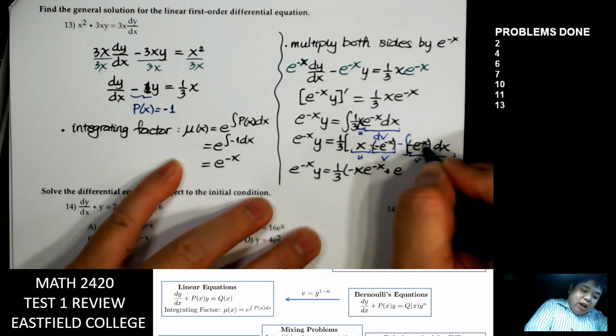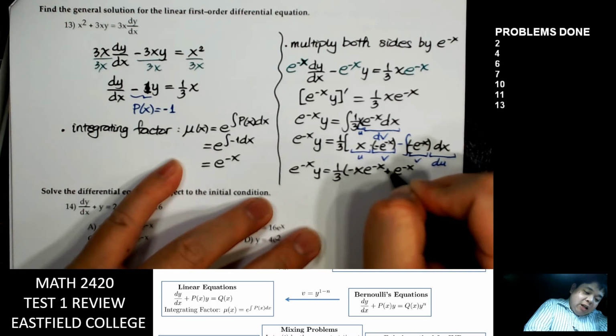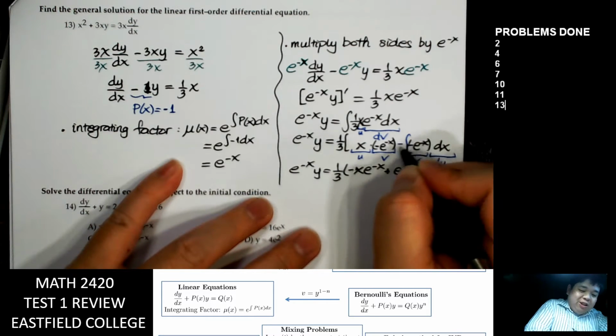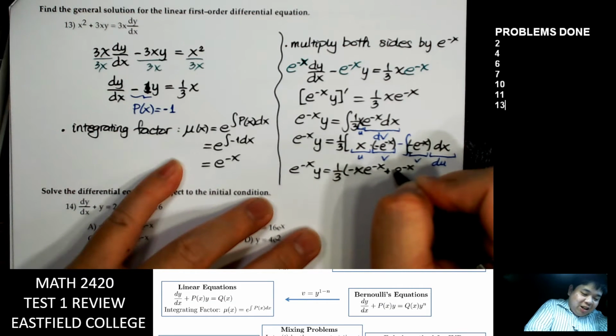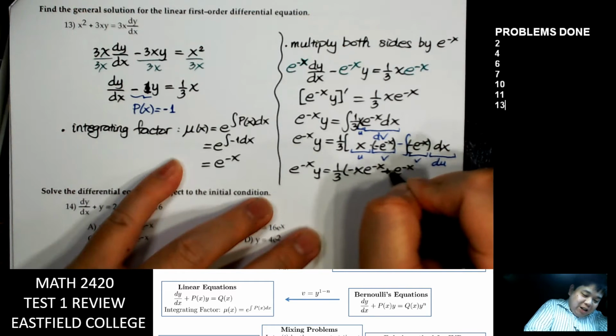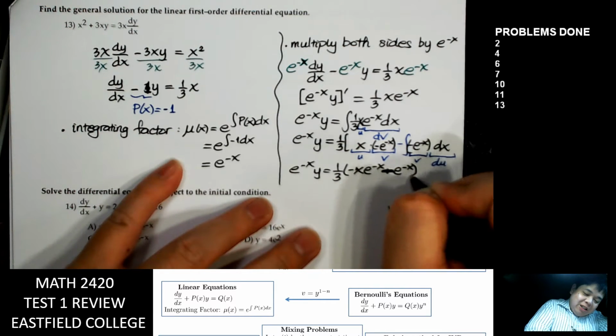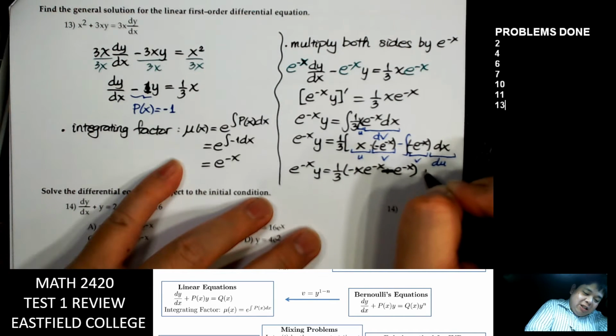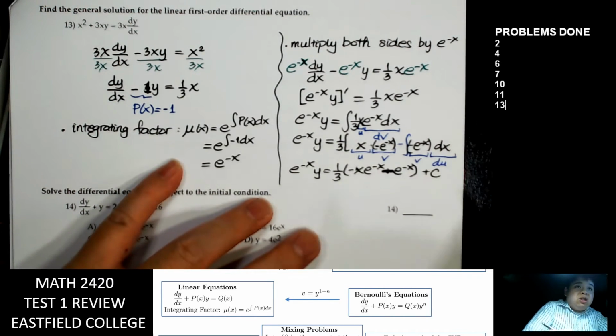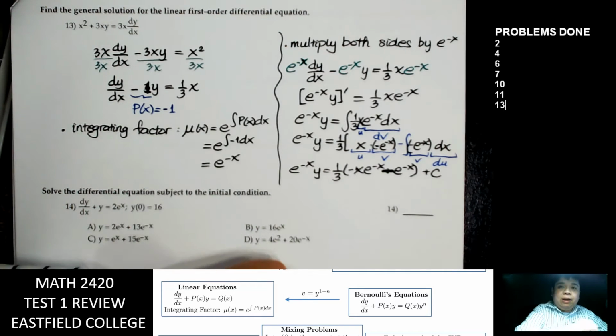The integral of e to the negative x is negative, so there will be 3 negative signs here, and that turns out to be negative. And then plus c. C times 1/3 is still a constant c.